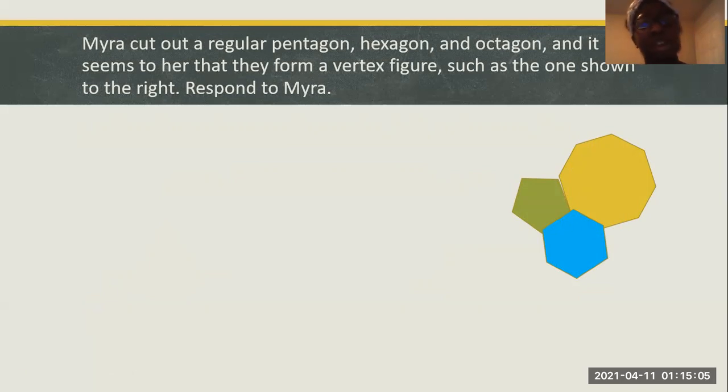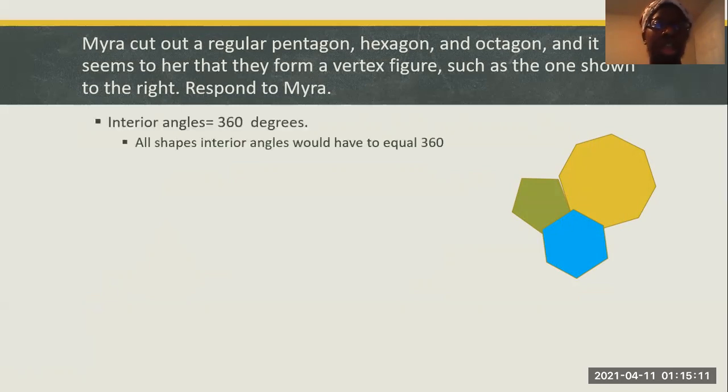A vertex figure has angles that add up to 360. All the interior angles have to equal 360, which means the pentagon, the hexagon, and the octagon will all have to equal 360. So now we have to find the interior angles of all the shapes and then add them together to see if she's right.